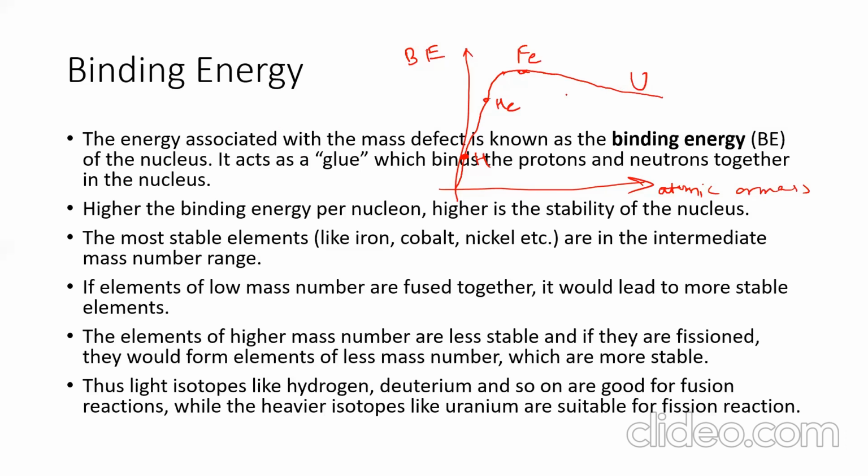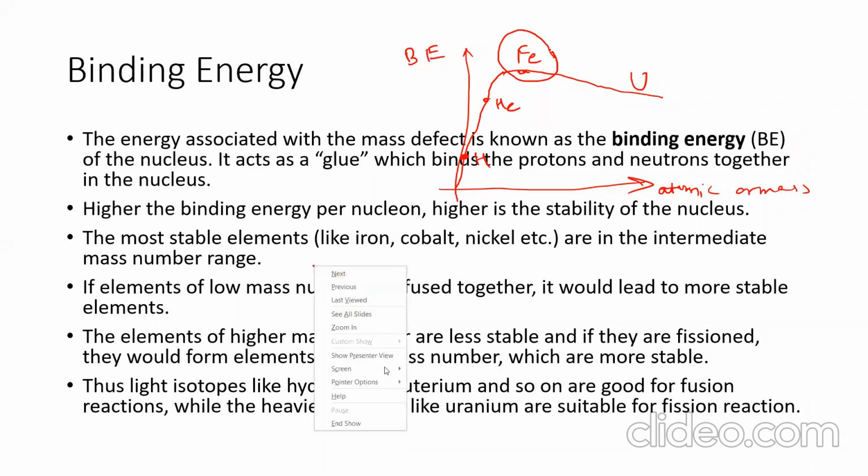Means what? The stable elements are intermediate elements. As the number of protons and neutrons increases, the binding energy is going to decrease again. The elements of low mass number are fused together.